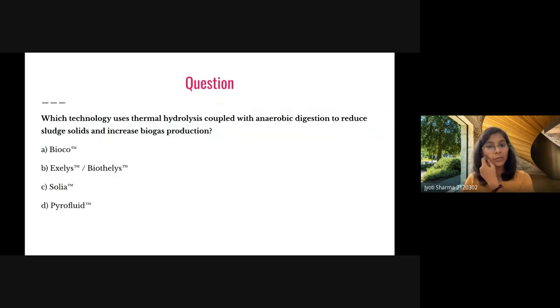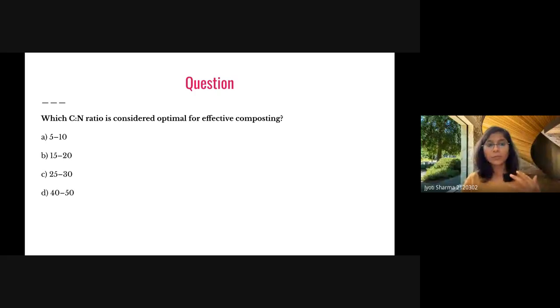So you need to tell me which technology uses thermal hydrolysis coupled with anaerobic digestion to reduce sludge solids, and that can increase the biogas production. So we do have a lot of technology like this, but this is one of the technologies that we can use. Okay, so for the next part, the answer was B, not D.